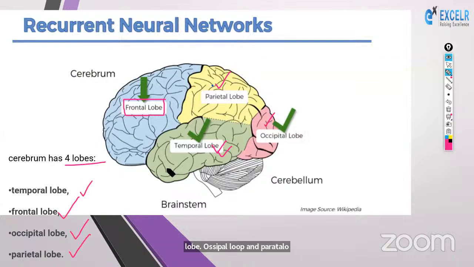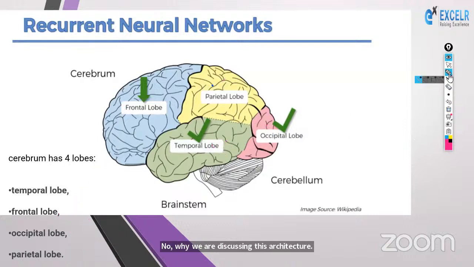Now, why are we discussing this architecture or this particular part of the brain? The reason being, the manner in which these lobes of our brain perform is the same manner in which we have our different neural network architectures.